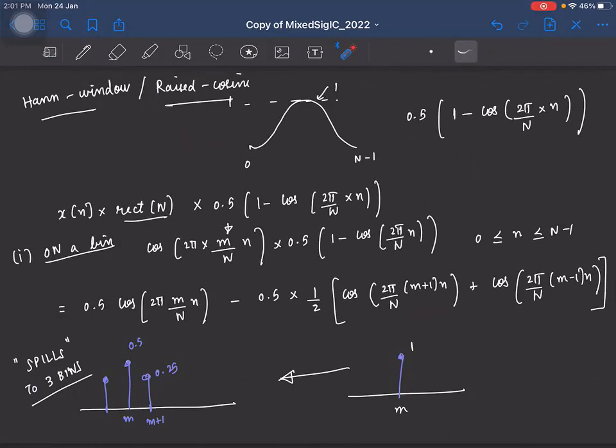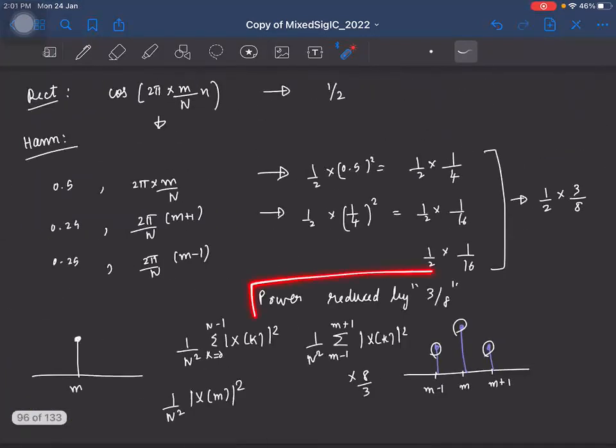So this reduction in power due to the Hann window will happen both for the signal as well as for the noise. When you take the ratio of the two powers, there will be no change. Okay, so let's stop here.